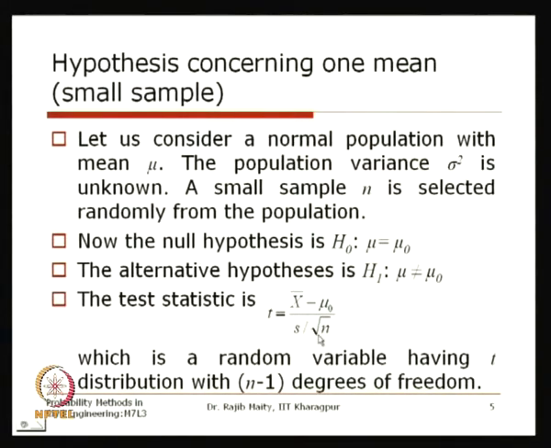Sigma by square root n, where sigma was the standard deviation of the population. Here it is a small sample and the population variance is unknown, so we have to estimate it from the sample. This s is basically the standard deviation estimated from the sample. So this quantity now is a random variable having a t distribution with n minus 1 degrees of freedom.